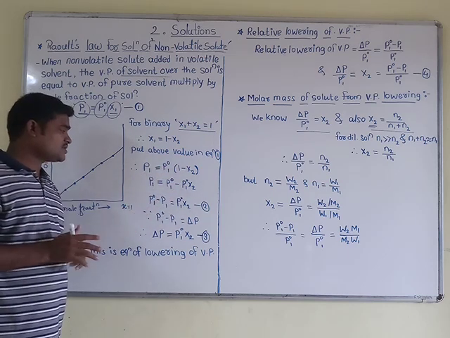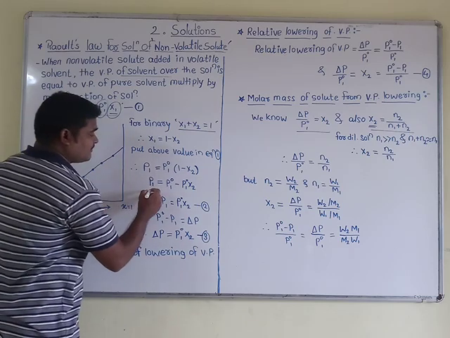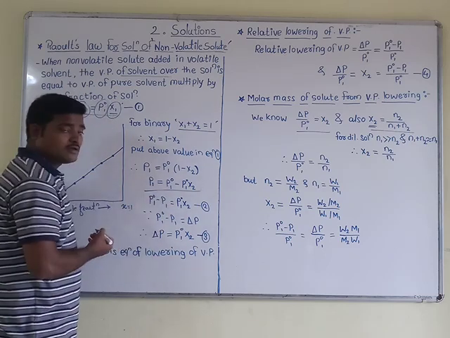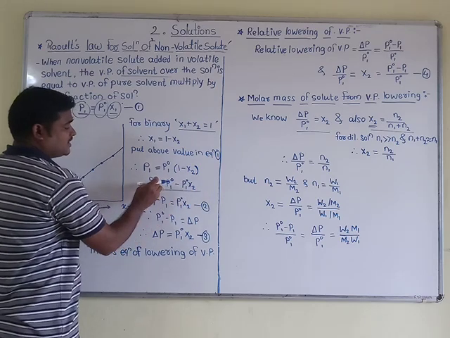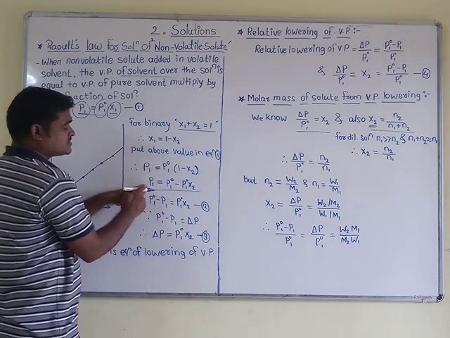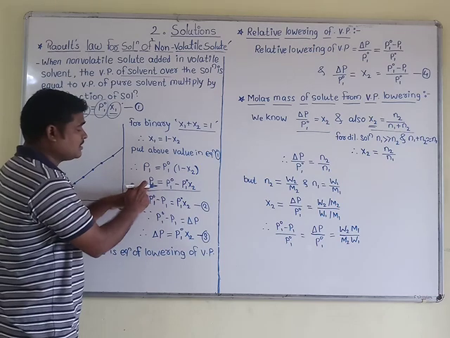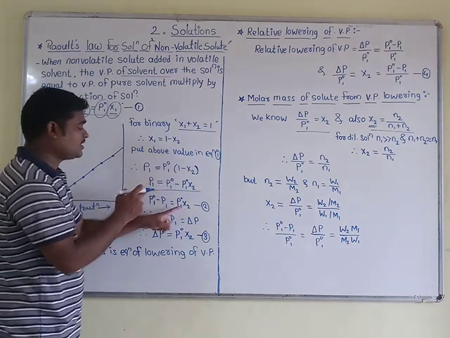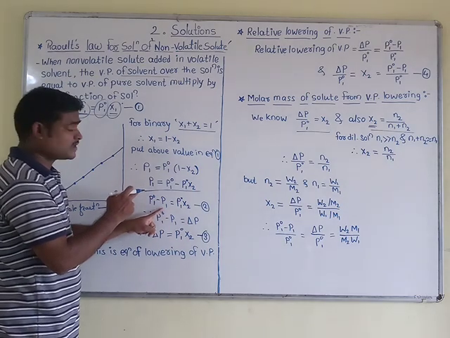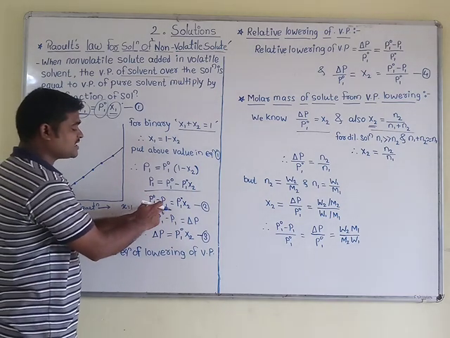Now after this equation we have modified it. In the modification, the term P1 has a plus sign, and when I take it to the right-hand side it becomes minus P1. So we get P1 0 minus P1.